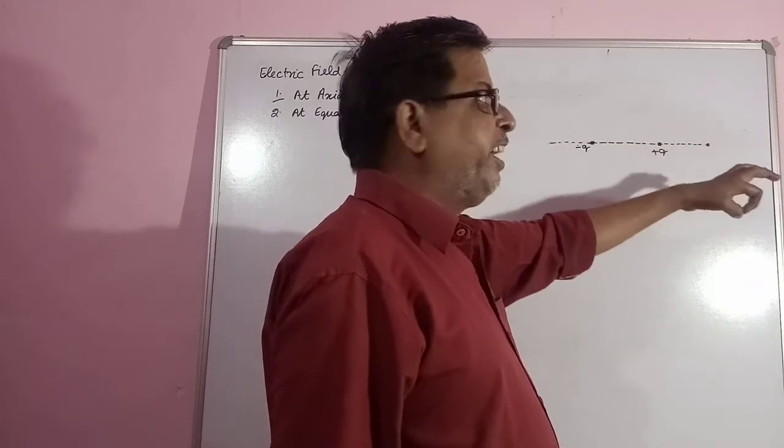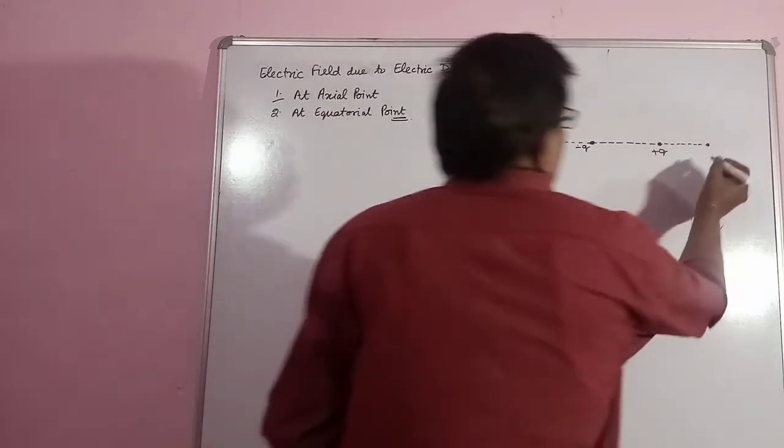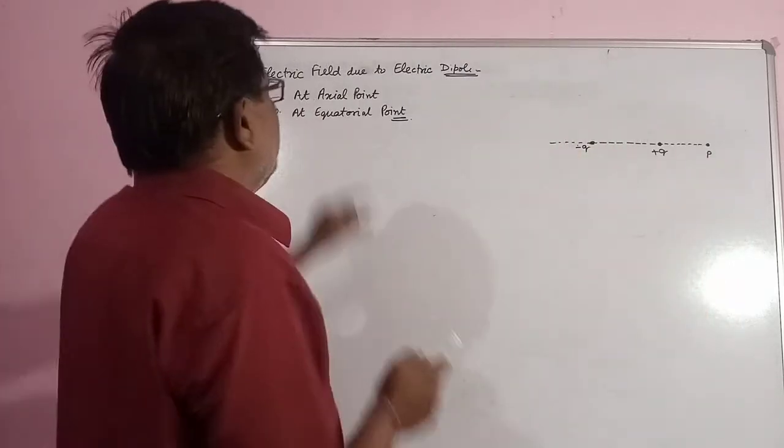If a point lies on the axial line, then it is called an axial point.